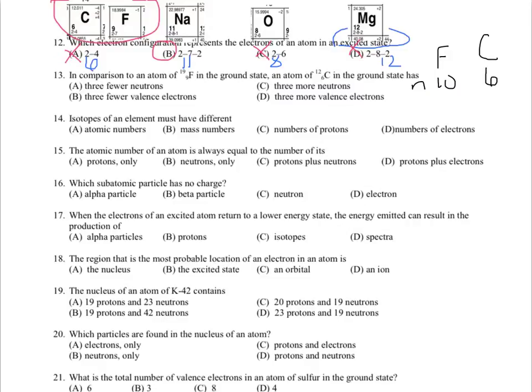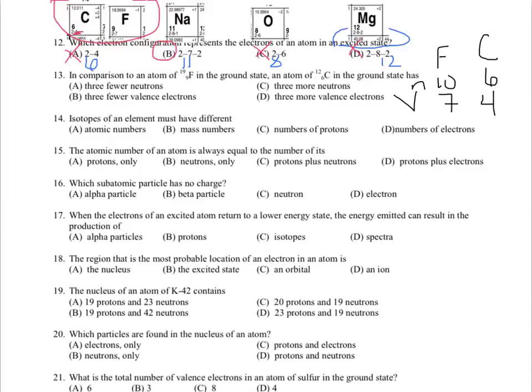Next, we're going to look at valence electrons. Recall that valence electrons are electrons found in the outermost, highest principal energy level. So carbon's valence electrons are going to be 4. We can see that here in our periodic table. And fluorine's valence electrons are going to be 7.